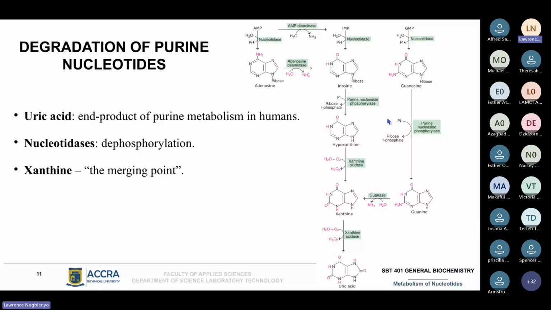If you look at the guanosine monophosphate path, first the dephosphorylation occurs, and then you have guanosine. After dephosphorylation, you then have phosphorylation again to give you guanine.